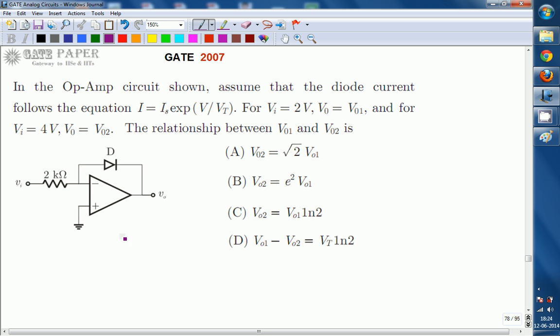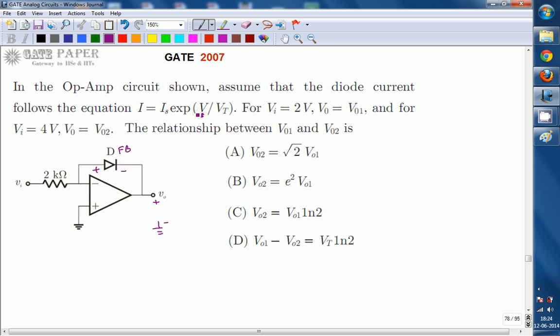Okay, look at this one. V0 is the voltage from this output node to ground, so the output node is treated as the positive terminal and ground as the negative terminal. Whenever the diode is under forward bias, the P side is plus and the N side is minus. In the equation I is equal to Is e power V by Vt, V is the voltage across the diode.